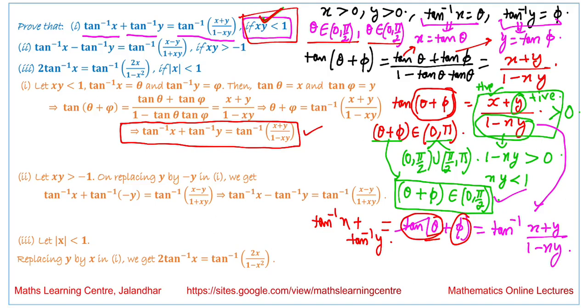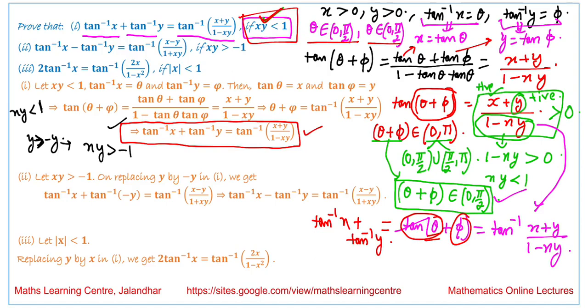Next, to prove the next result, in this formula we are replacing y with minus y. So our condition will change. Earlier the condition was x into y less than 1. Now in place of y we are writing minus y, so we get x into y greater than minus 1.